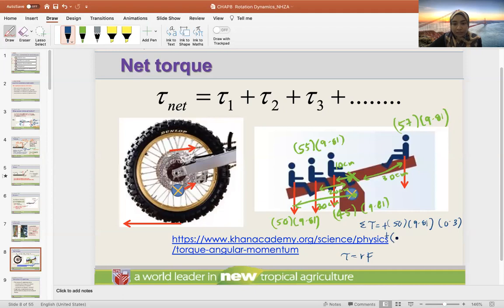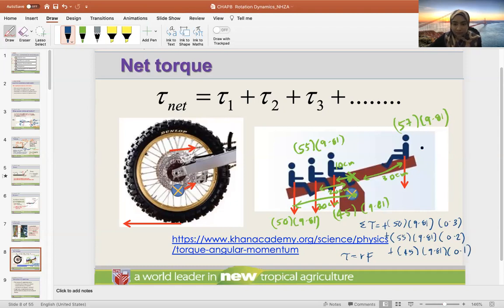So that Belle is 55, 9.81. And his distance from the axis of rotation is 20 centimeter, so that is 0.2. Okay, and then your girl classmate Fika is at here, plus 45, 9.81. And her distance from the axis of rotation is 0.1.